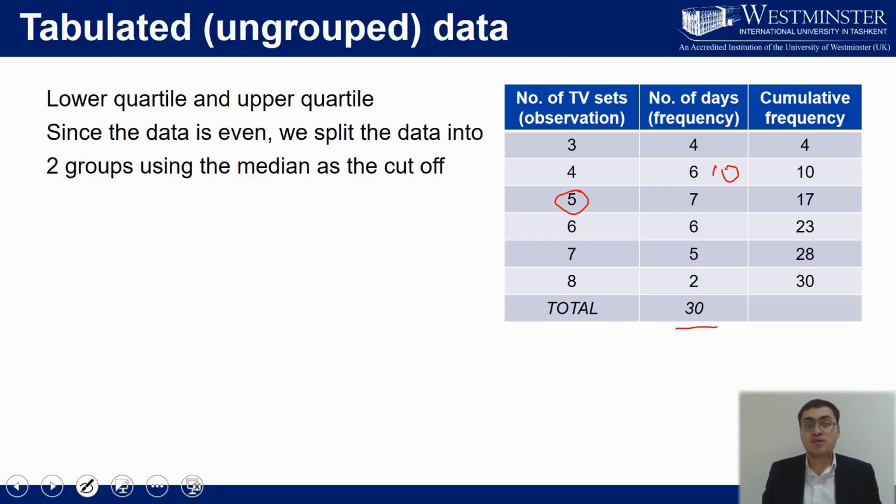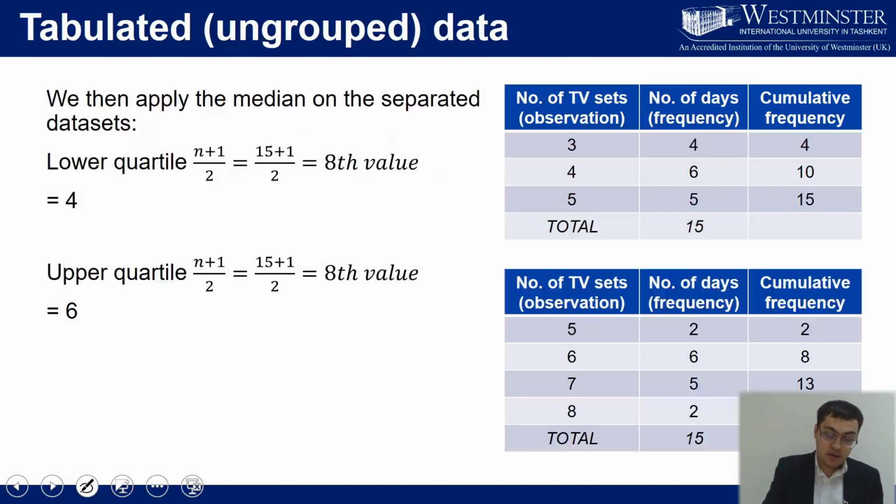So what we're going to have to do is drop the last two observations of 5 TV sets sold per day. So this is what it will look like. The first table that you have is the group with the number of observations that were recorded that is below the median. And the second group is all those numbers that were higher than the median.